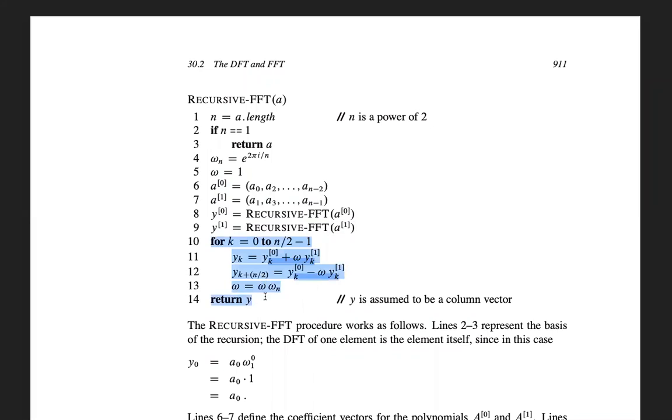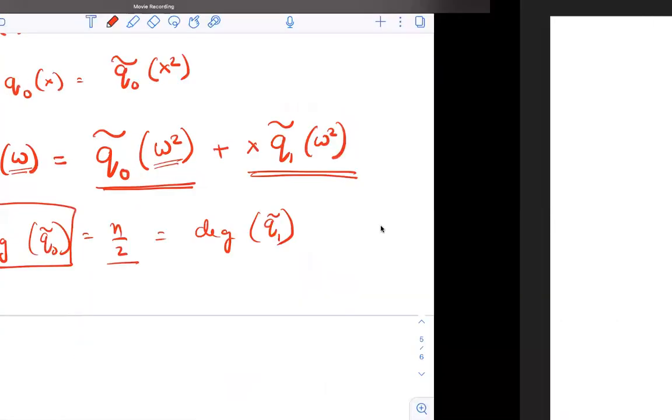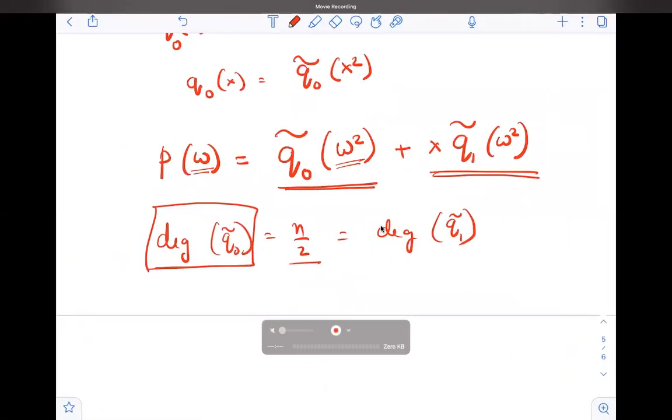This is order n, whether it is k from 0 to n by 2 or 0 to n, this is an order n algorithm. So T of n equals order n plus you are calling this one at n by 2, so T of n by 2 plus T of n by 2.